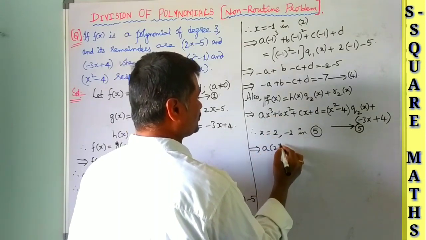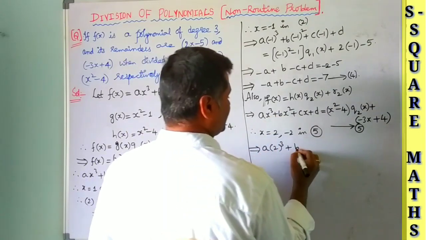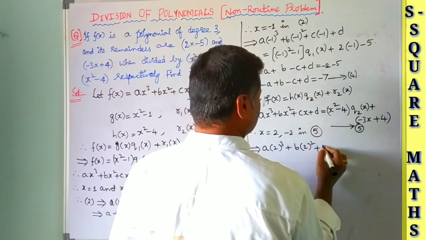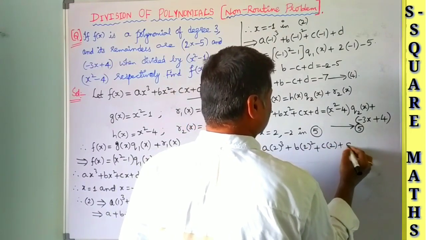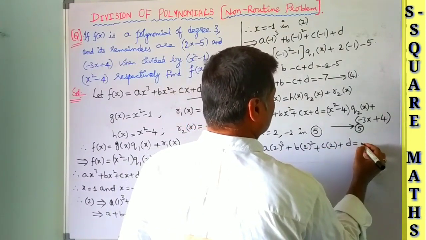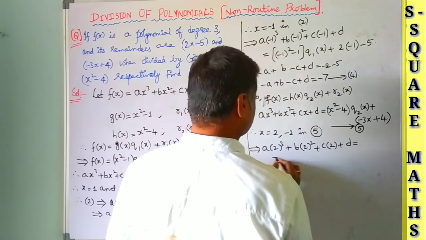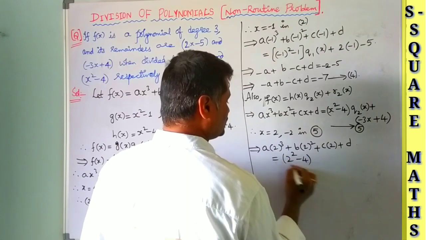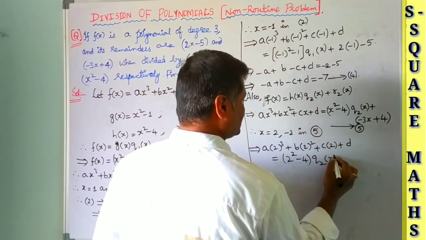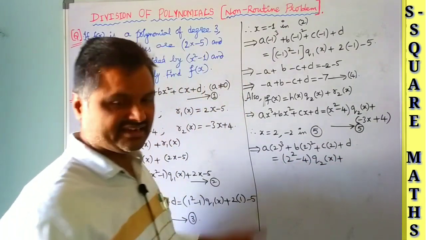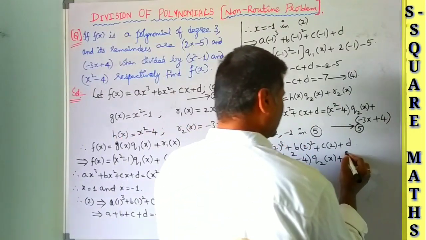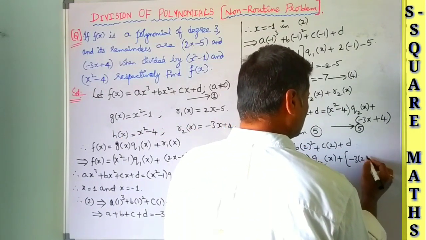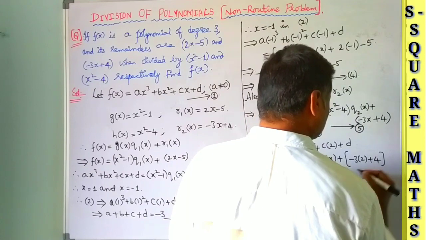So a into 2 cube plus b into 2 square plus c into 2 plus d is equal to, I can write here in the next step, 2 square minus 4 into q2 of x plus, again x is equal to 2 now we have to consider. So I can write here minus 3 into 2 plus 4.